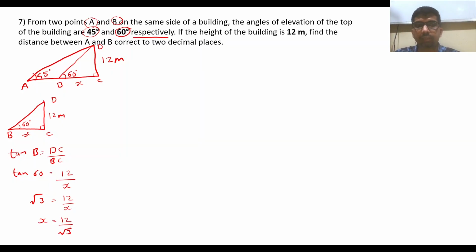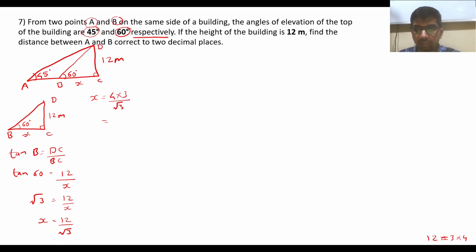Same technique which we did last time, again you have to repeat. 12 कैसे बना है? How is 12 made? 12 is made by कितना? 3 into 4. Whenever there's root at the bottom and there's a number, write this number in terms of 3. 12 is what? 3 into 4. तो x क्या हो जाएगा, 4 into 3 upon √3.